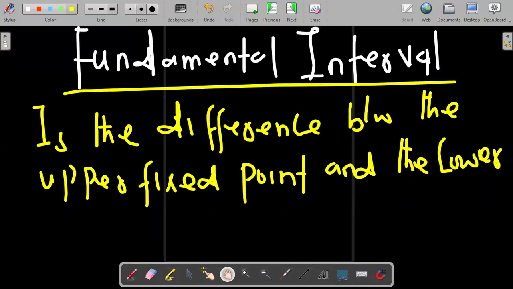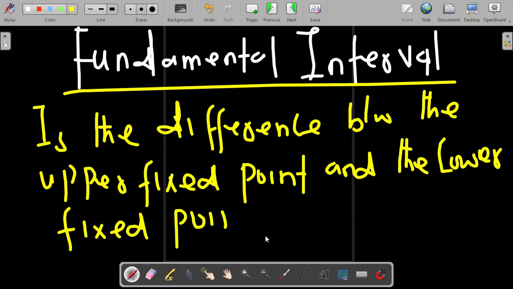It's called the fundamental interval. I've written that. Yes. Okay.